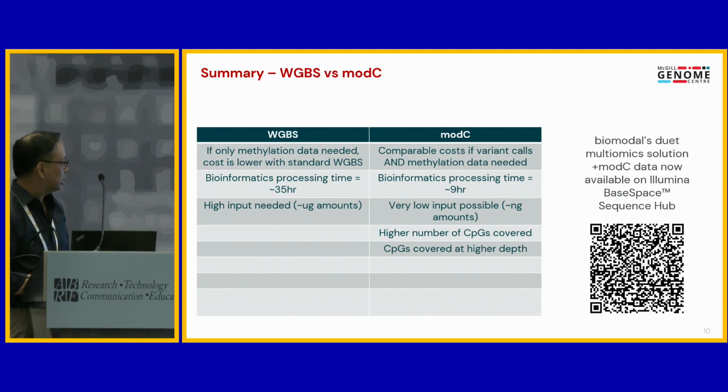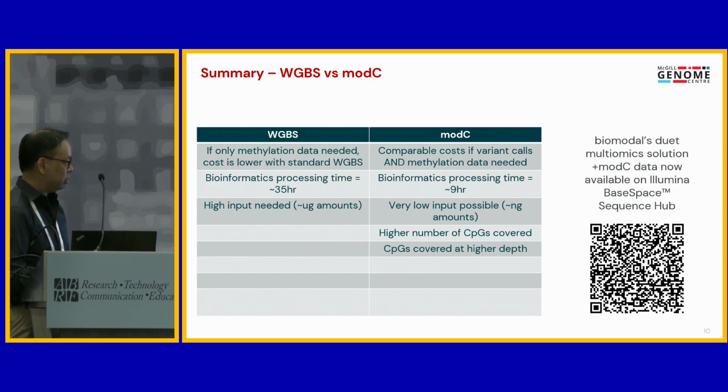So to summarize, for the MOD-C, the cost is actually comparable if you're trying to get the variant calls as well as methylation data, but this is where it stops, and the MOD-C is better in a lot of other aspects. The bioinformatics processing time is much quicker.